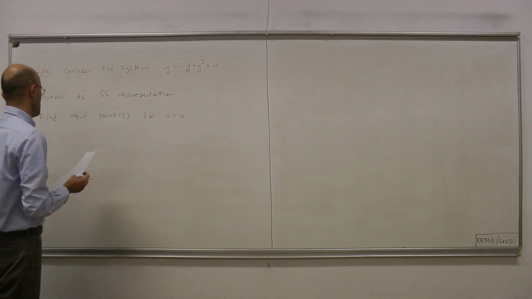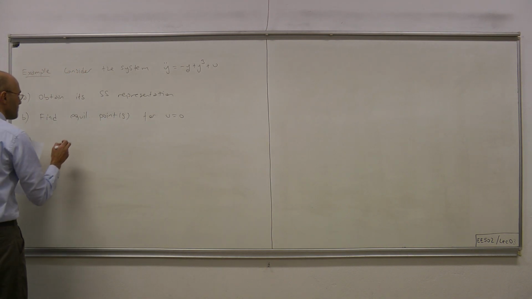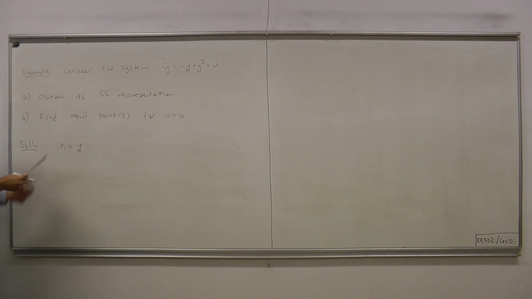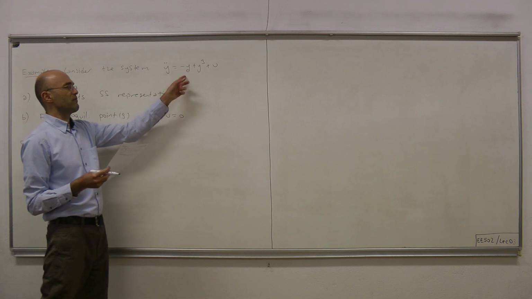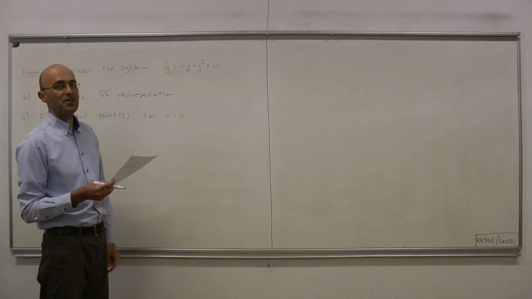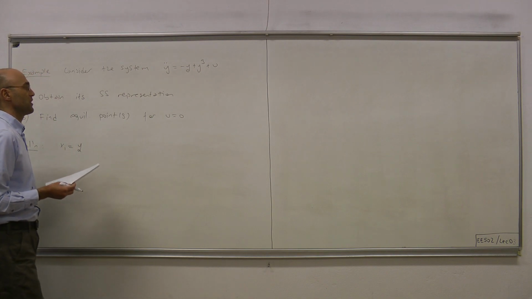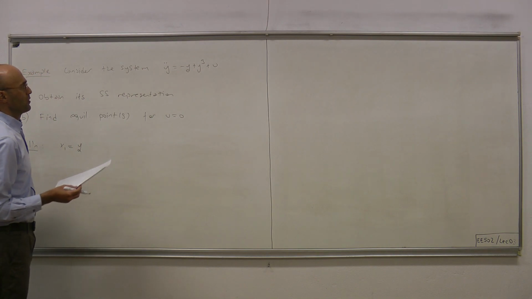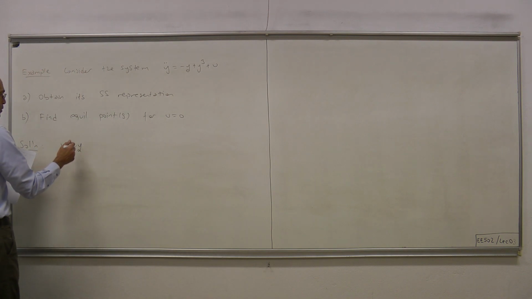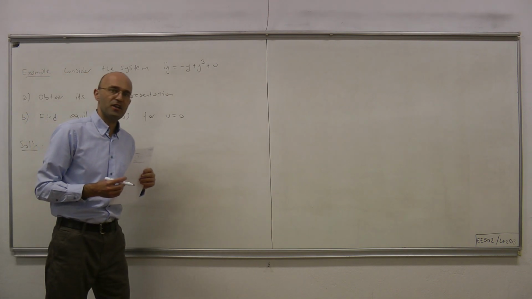Usually the obvious choice for such simple systems is choosing the first state variable as the output, or in this case, let's say the position, and the second state variable can be chosen as the velocity. In other words, y and y dot will be our state variables.